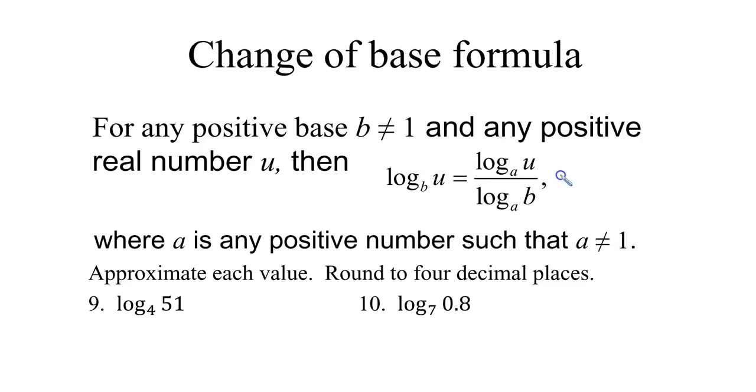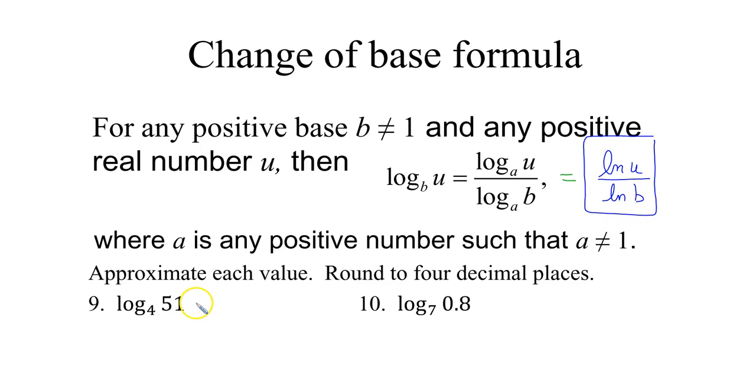Now we're going to take this a step further, and I'm going to tell you to use the natural logarithm here. So rather than using log base a, we're going to use the natural log of u divided by the natural log of b. This is going to be a better way to do this. You can use common logarithms, but we're going to use natural logarithms.